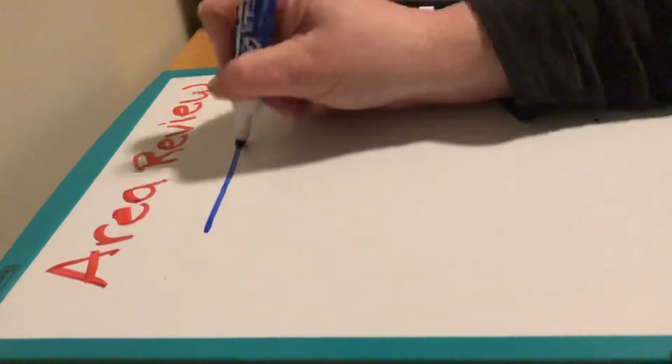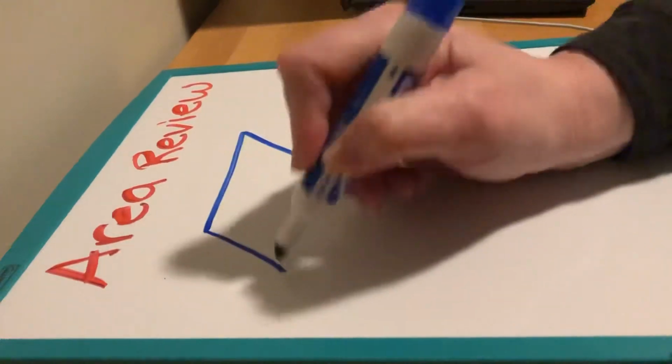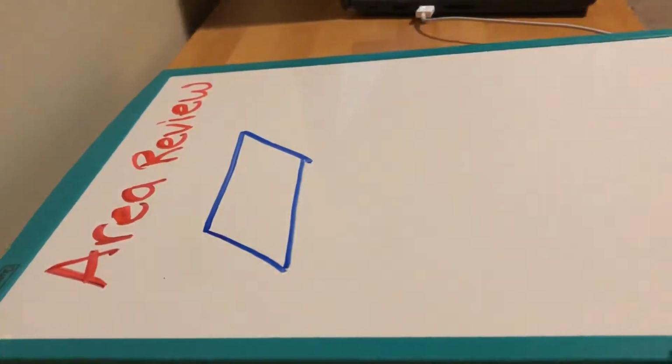Not yet. Now, where it gets into algebra is when we're looking at a question where a piece is missing. So, for example, a piece of our information is going to be missing off this parallelogram.